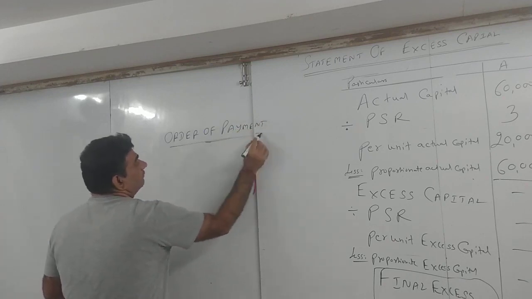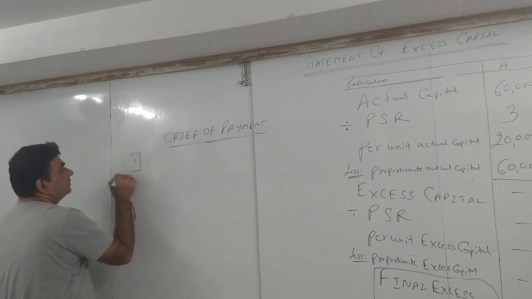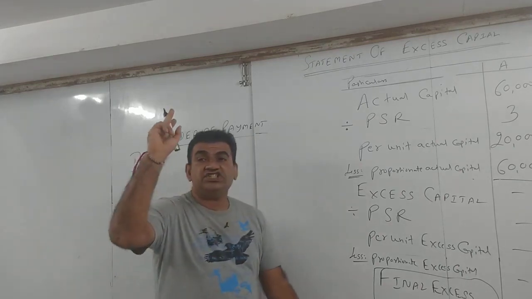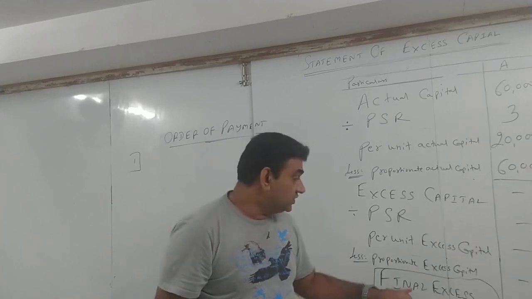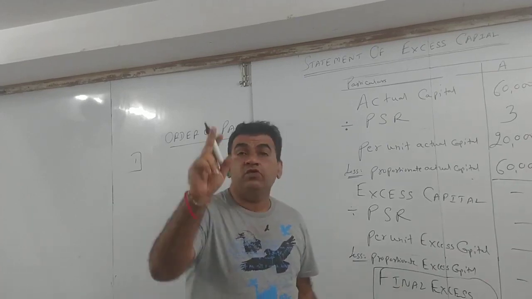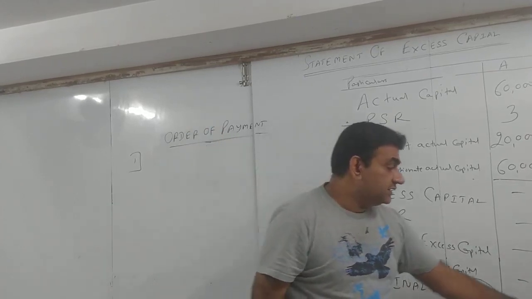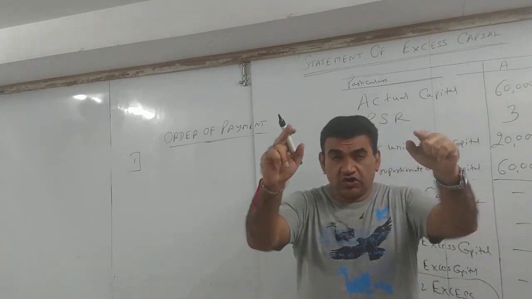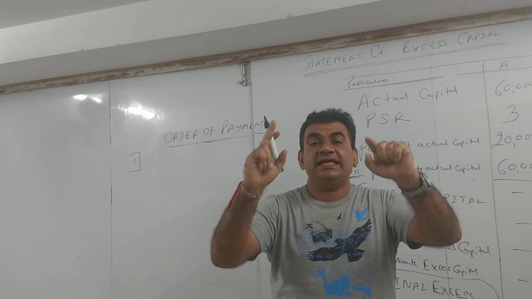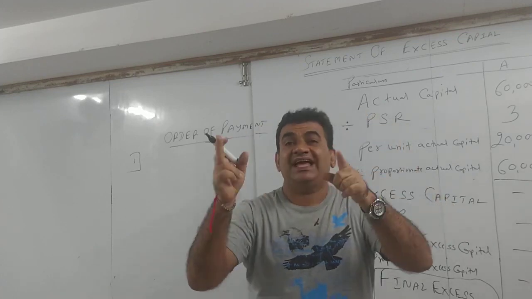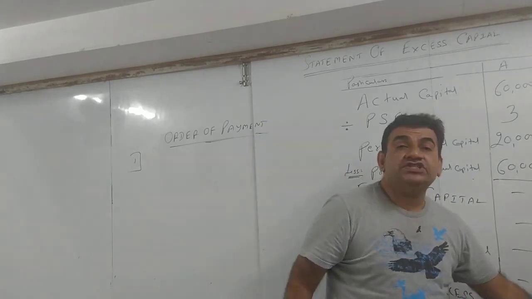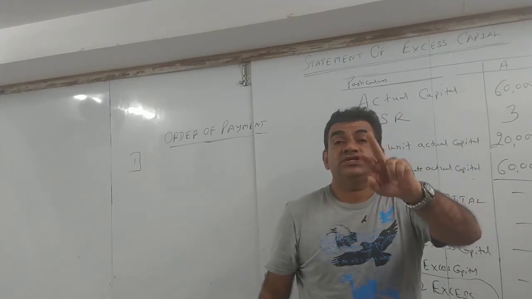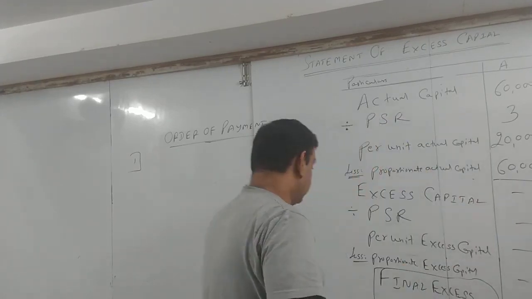Okay? Order of payment. Now see, first you will pay to that partner who is having a final excess. Who is having a final excess? C. How much? 6,000. So your first order, when you start making the payment to the partners for their capital, will be first pay 6,000 to C. Okay, so you write like that.